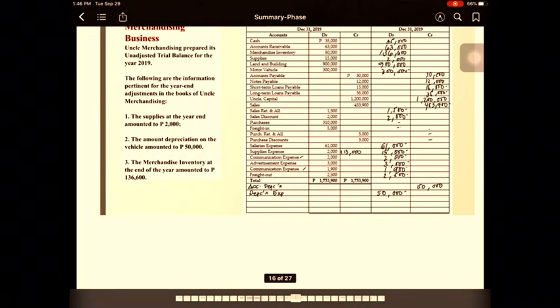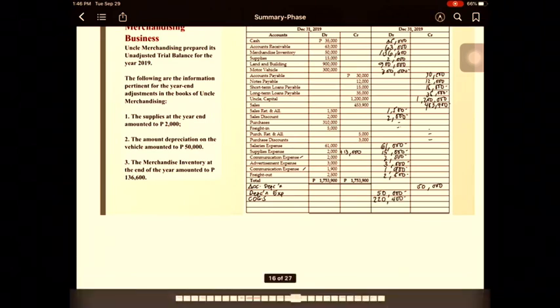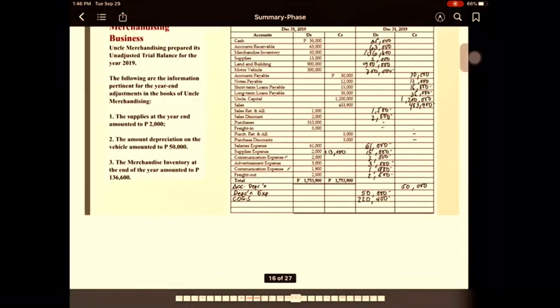So it shall also be reflected in your adjusted trial balance. Therefore, we recognize your cost of goods sold, debited for the amount of 220,400. Take note that this is a trial balance.